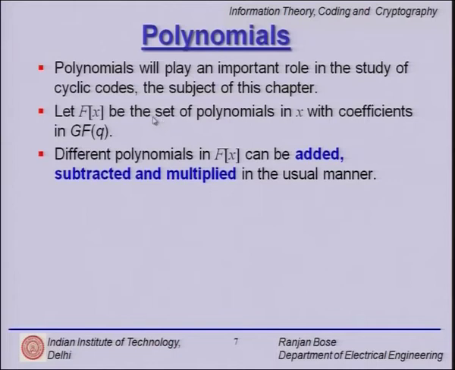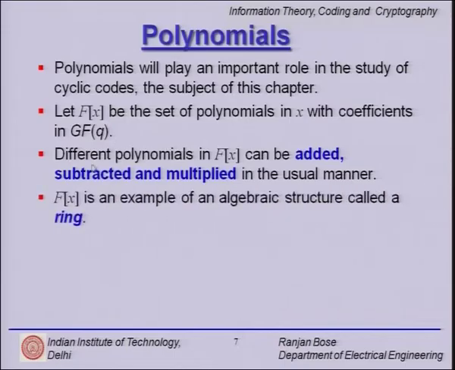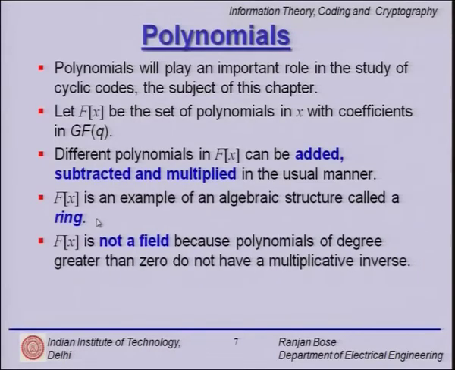Clearly this set of polynomials is a collection, and the polynomials in this set can be added, subtracted or multiplied in the usual manner, and the arithmetic will be carried over GF(q). So, F[x] is an example of an algebraic structure called a ring. We will soon see what the properties of a ring are, and whether it is a field or not is what we will have to verify, and check under what condition this collection becomes a field.